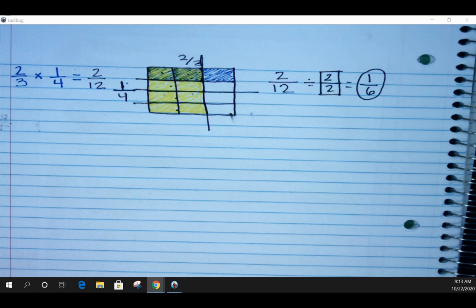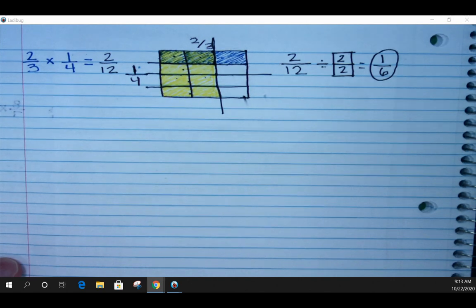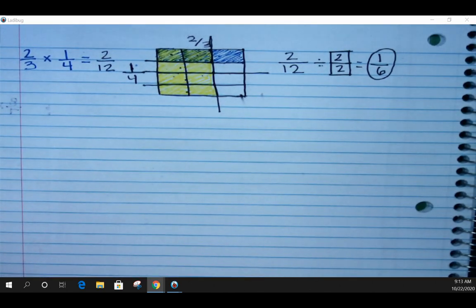Is anybody seeing a trend or a pattern in how this works? Let's do another one and see if we can figure out a trend of how to get these answers without having to draw a picture.